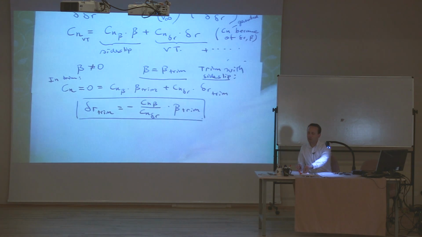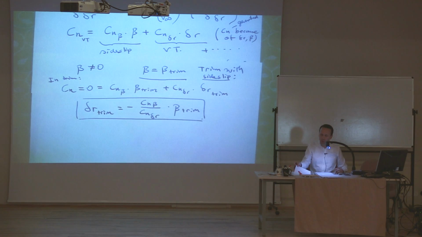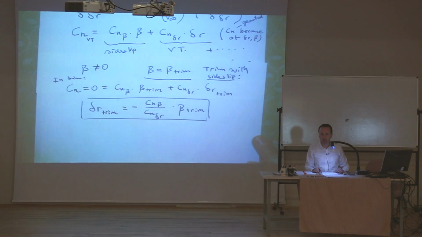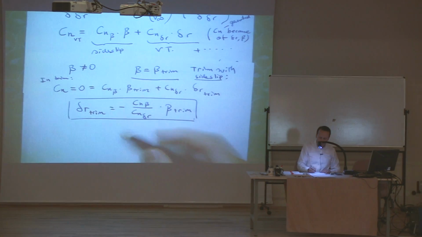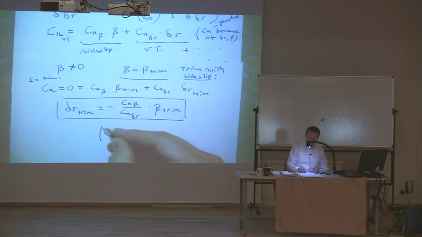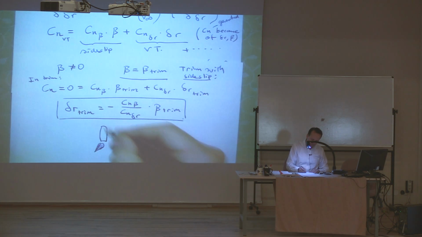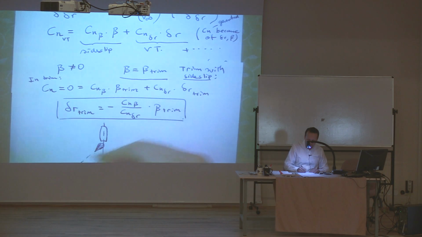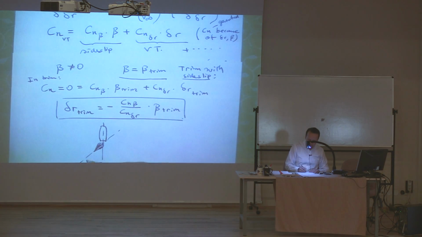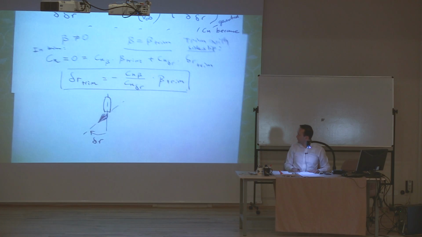And note that for a positive beta, you need a negative control here, and this is a negative one. So you can calculate how much control you can put in order for this to be in trim. Now, of course, the control of a rudder, of a vertical tail, has a certain limit. This angle has a certain limit. It is not going to infinity.